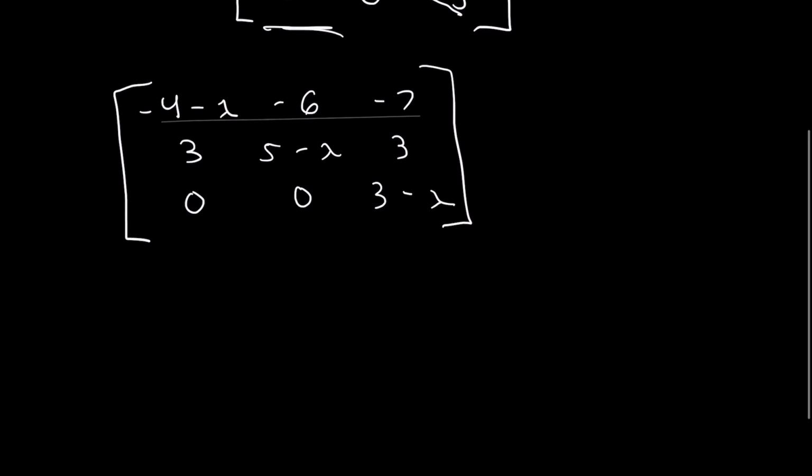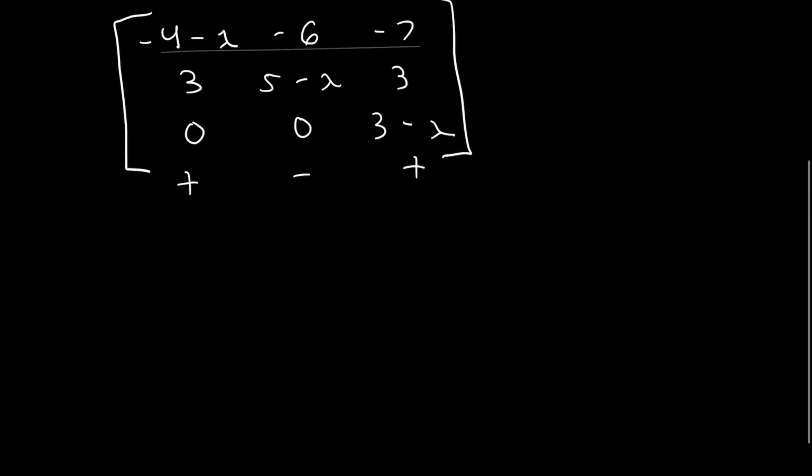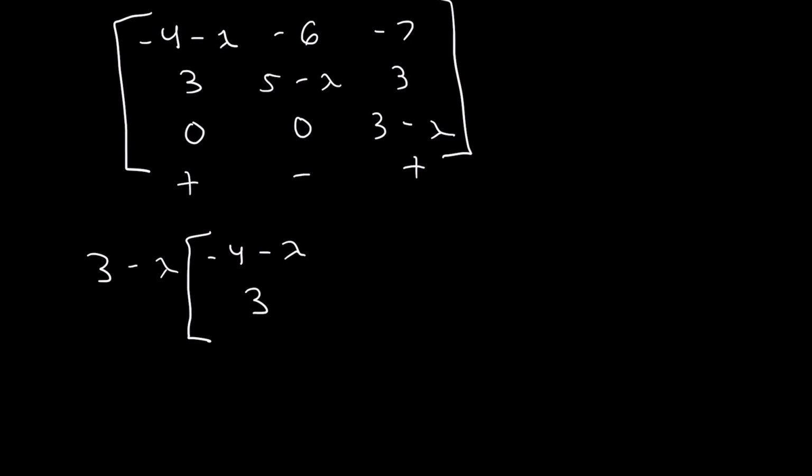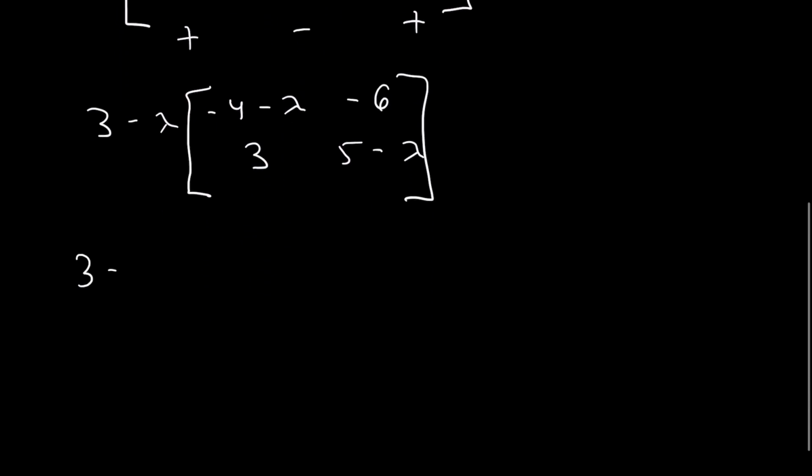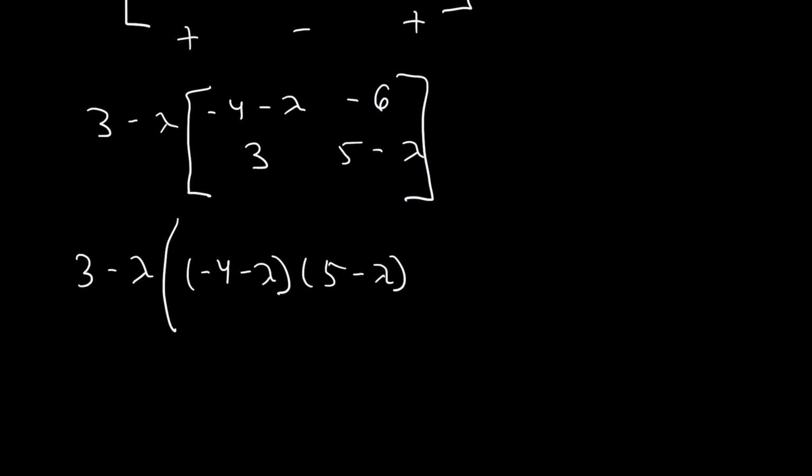And same thing, kind of like how you do the determinant, you can do it the same way for this. So those would just become zeros. We don't have to worry about that. So we can take the 3 minus Eigenvalue and put it in here and make a mini 2x2 matrix. -4 minus Eigenvalue, 5 minus Eigenvalue, plus 18.